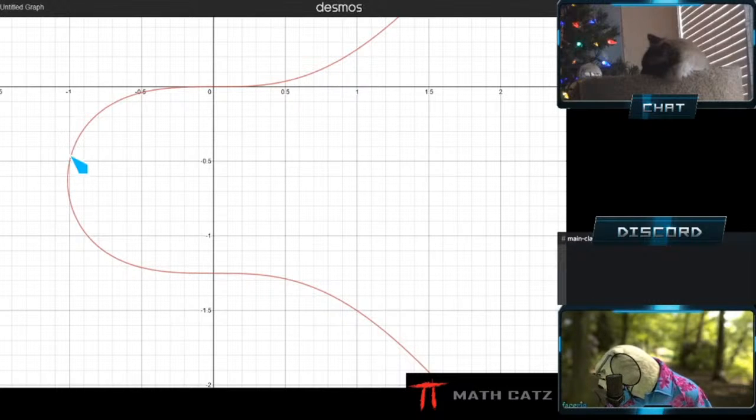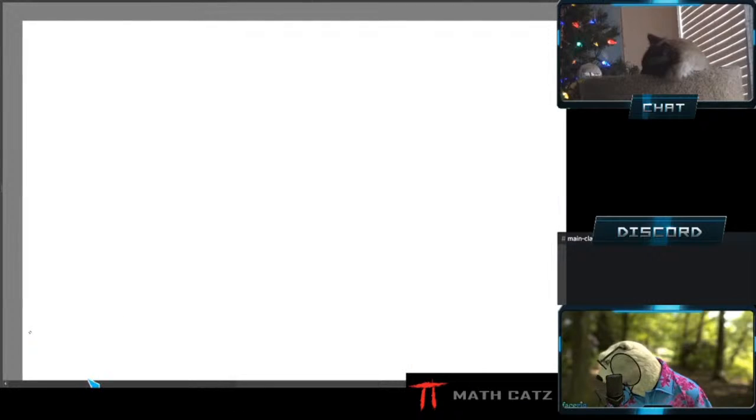I think this one maybe. Negative 1 and negative 0.5. Slope at negative 1, negative 0.5.